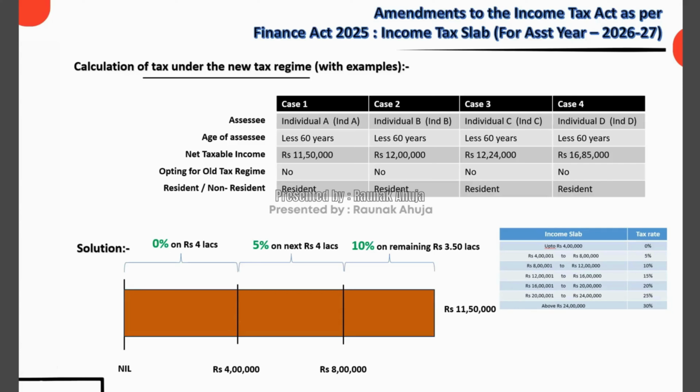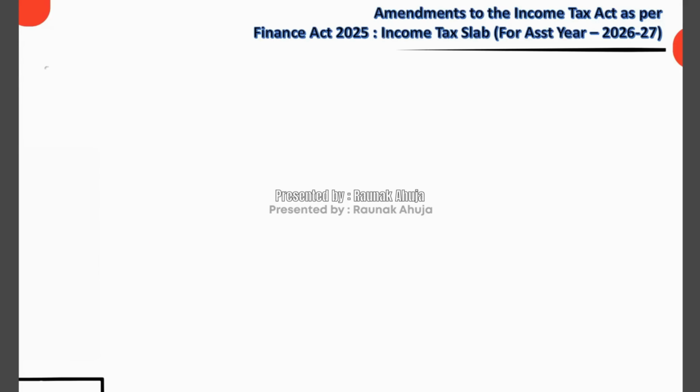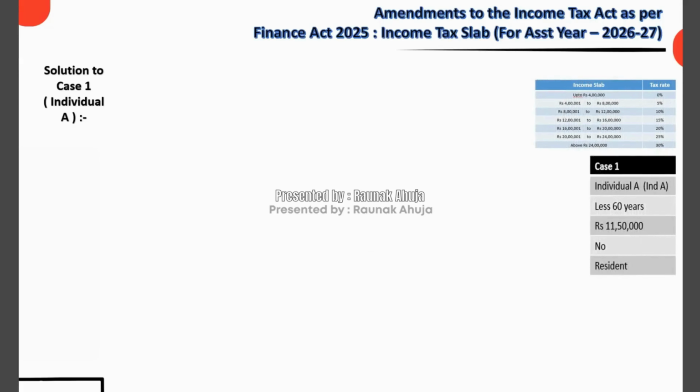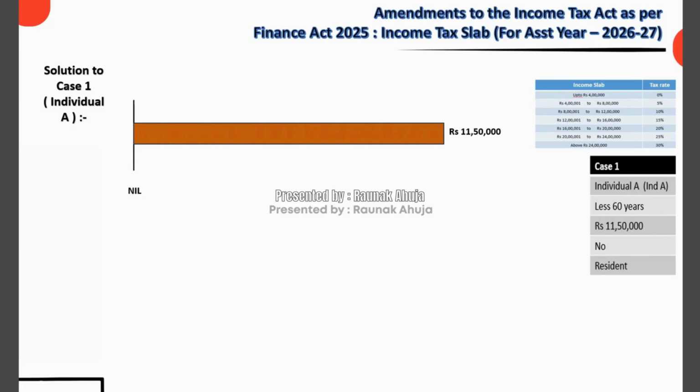Now let's move to the individual cases. Case 1. The individual is less than 60 years of age. Total income is 11 lakh 50,000. Has opted for the new regime and is a resident. So, on the total income of 11 lakh 50,000, on the first 4 lakhs, 0% tax.